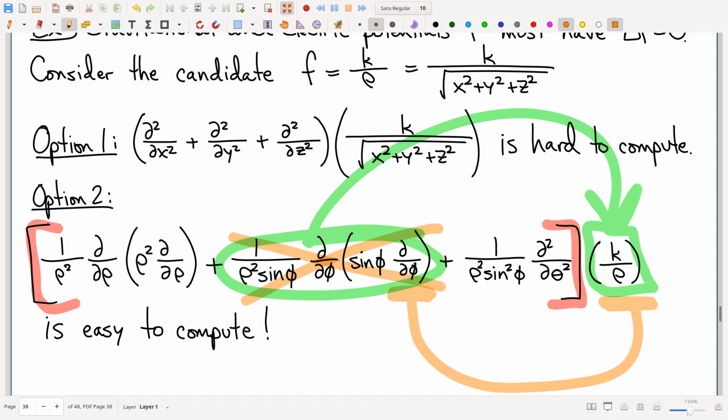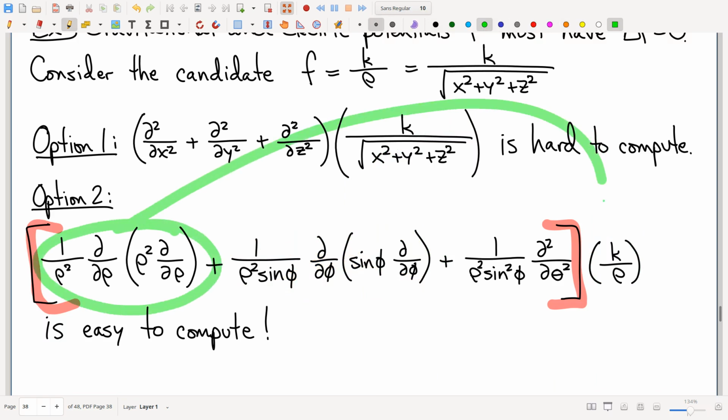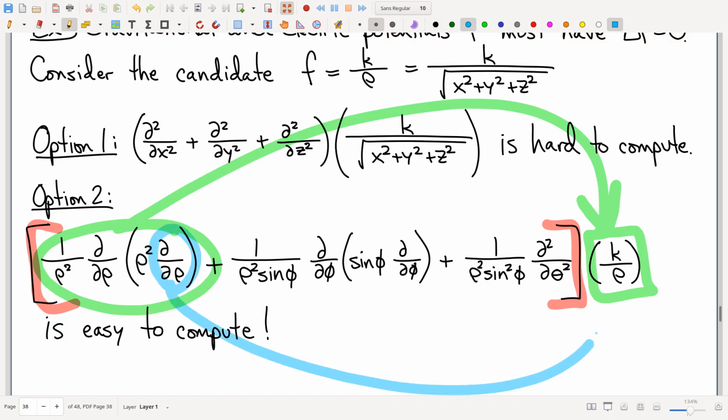Now we have to do ever so slightly a little bit of work on this last one. Looking at how this applies to that, we're going to need to take the rho partial first of k over rho. Let's ignore the constants for just a moment because they're just factors.